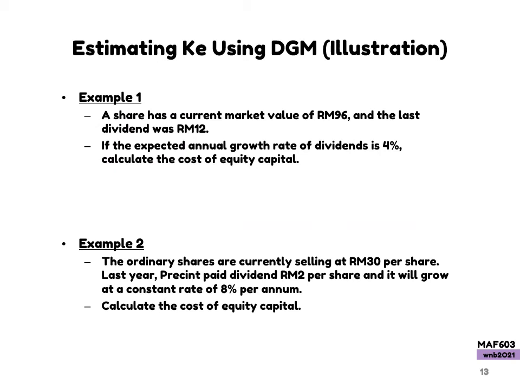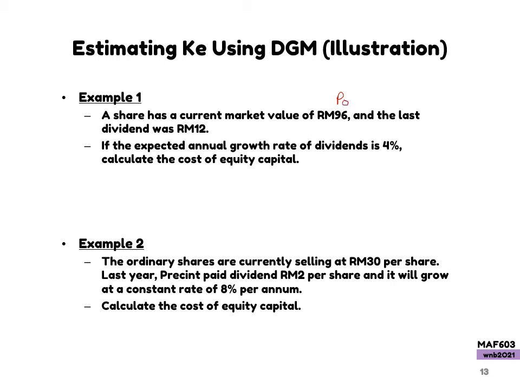Let us attempt two examples for us to be able to apply the DGM formula to find the KE. Example 1, we have a share with a current market value of 96 ringgit. So this one is the P0.